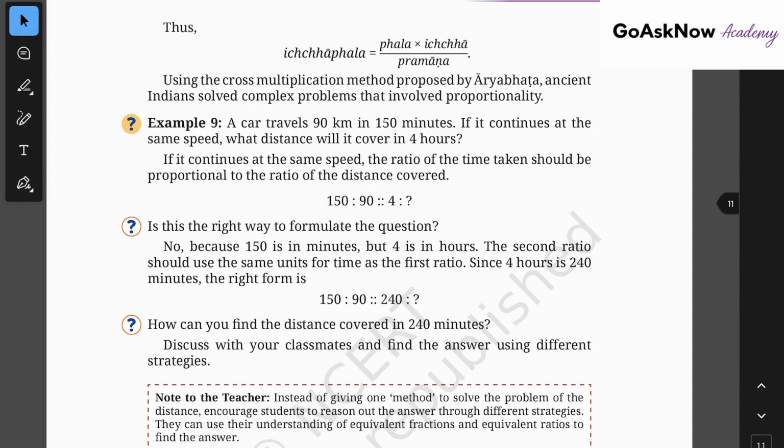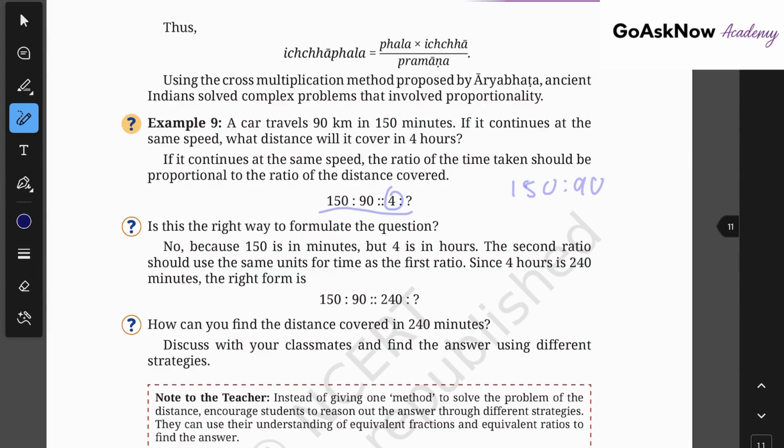It's the same as, you can't write 4 here, as shown here. 4 cannot be written because at the start, the ratio is 150 minutes to 90 kilometers. But we can't write 4 here since 4 is in hours. We have to have the same unit of measure. So we have to write it in minutes. So 4 hours in minutes is 240 minutes.